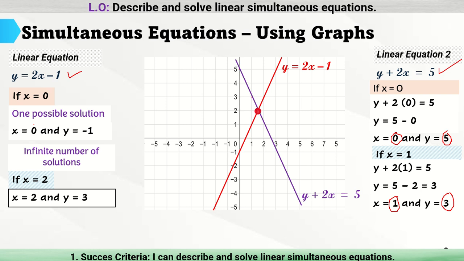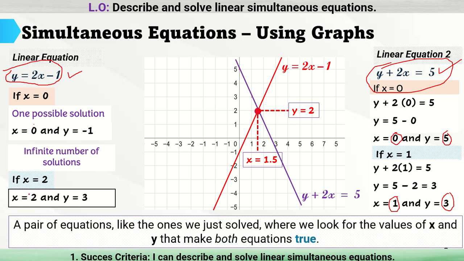At this point where the two lines are intersecting each other, the values of x and y will satisfy both the equations, right? So what is the value of x here? You can see 1.5. And what is the value of y? It's 2, right? So for x equal to 1.5 and y equal to 2, both these equations will be true. So this is called simultaneous equations.